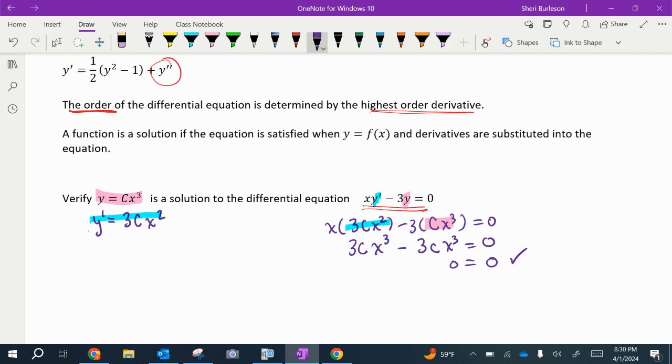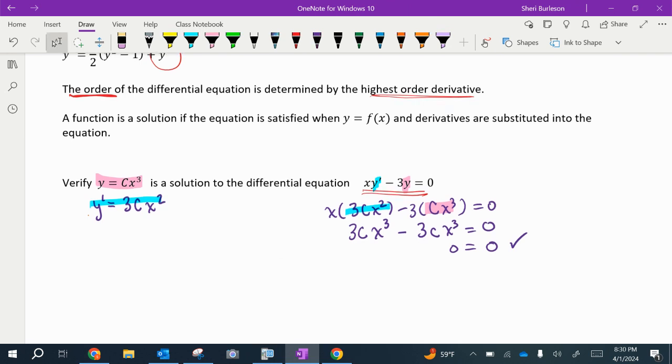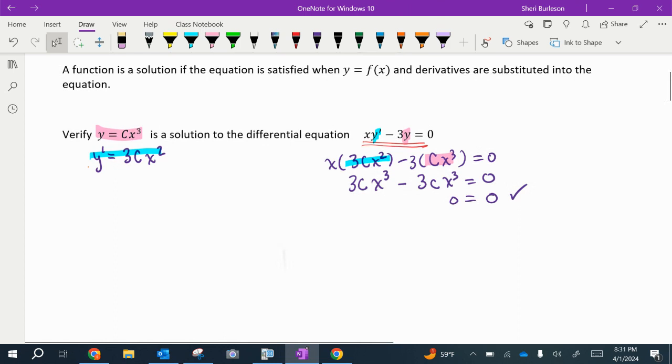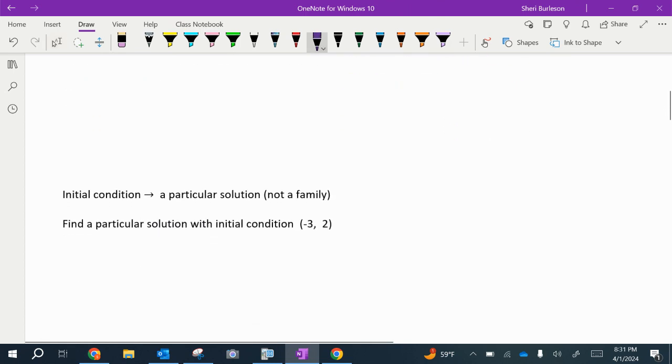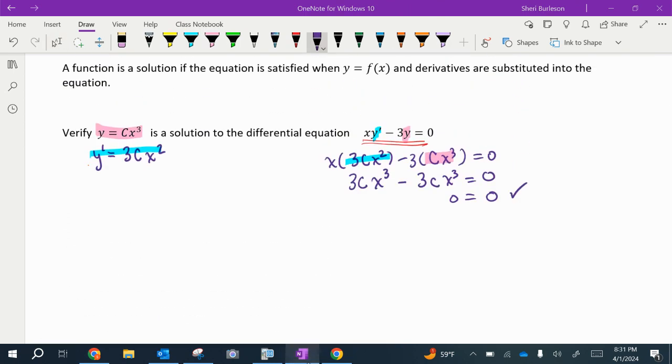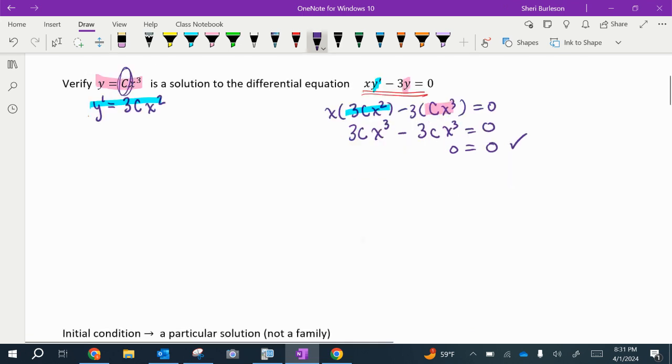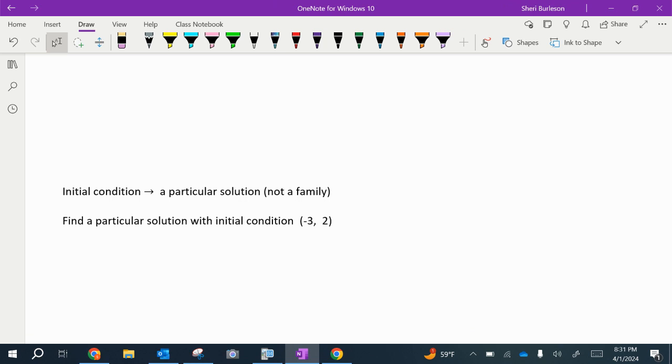What it's saying is any constant out in front is going to still work. So if I said perhaps y equals 12 x cubed, this is saying that that should be a solution to that differential equation. So this is a family of solutions because there are multiple values that constant can be.